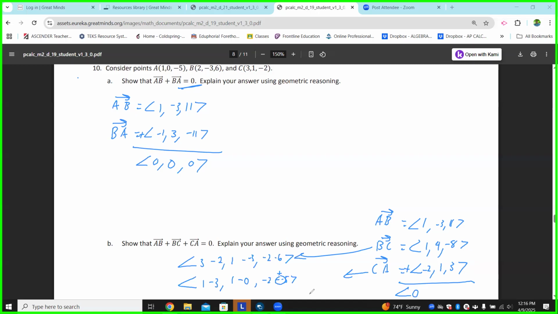Oh. Yes, did I make a mistake? So that'd been A. Oh, you're right. It should have been 0. Oh, you are right. I did the first one right. You're right on the -3 then. Because it's AC, so it'd be 1 minus 3, 0 minus 1, and then -5 minus -2, which does give you the -1 and the -3.